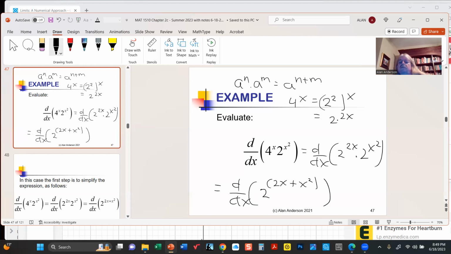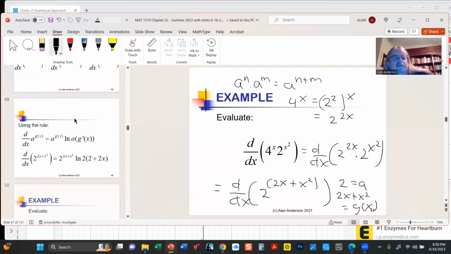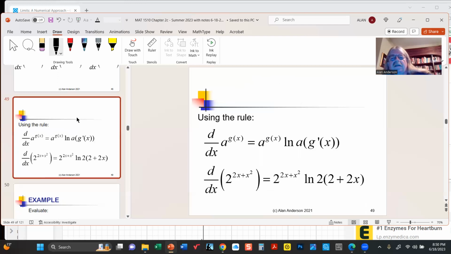Now, what rule do we know will allow us to do this? Well, this should remind you of something we've already seen. The 2 could be a, and this exponent could be construed as g of x. So this is the rule we just got through looking at.